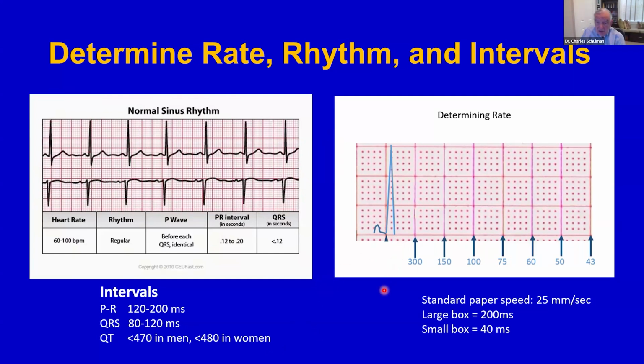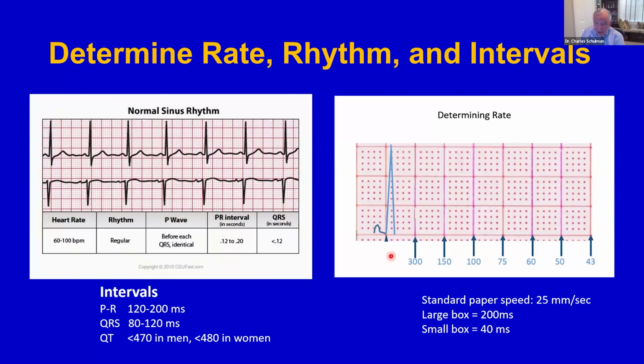You can also very quickly calculate heart rate. Really, it's kind of an estimate, considering that the standard paper speed is 25 millimeters a second, so each small box is 40 milliseconds and each large box is 200 milliseconds.